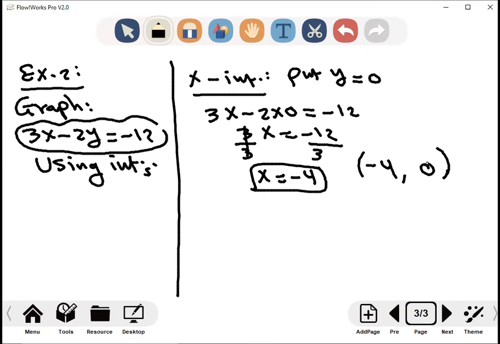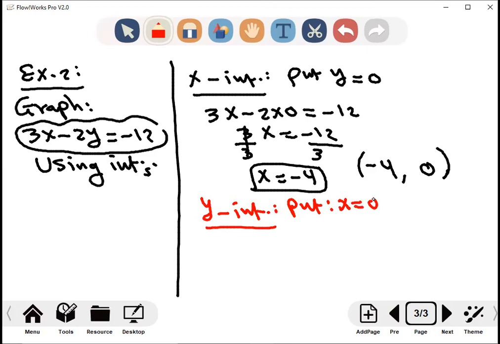Okay? Now with the same steps on the opposite side, we will find the y-intercept. So to find y-intercept, we will put x equals 0 this time, right? So here, let's find y-intercept. Put x equal 0. So go to your equation here.